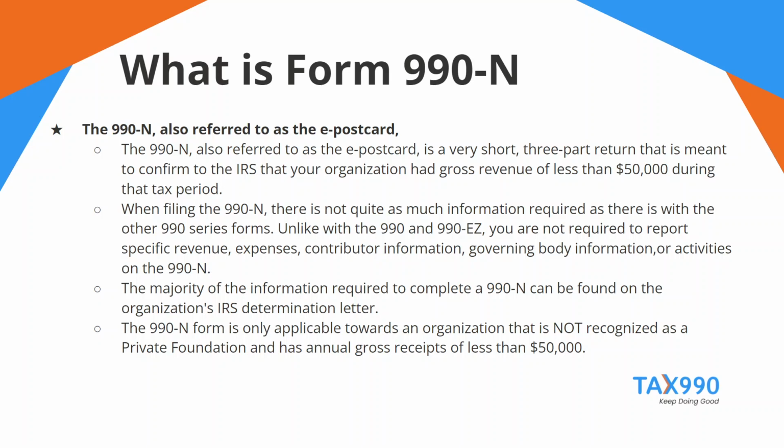The 990N requires you to report the organization EIN, tax year, legal name and mailing address, any doing business as names, the name and address of the principal officer, the website address if the organization has one, and confirmation that the organization's annual gross receipts are $50,000 or less. The majority of the information required to complete a 990N can be found on the organization's IRS determination letter.